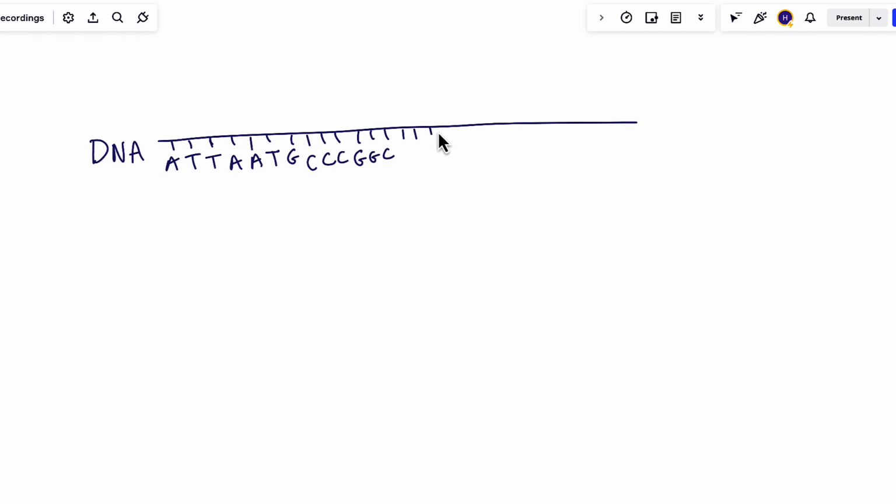Remember, each of these is just a different type of nucleotide, A, T, C, G. They're all attached together in a big long chain. And then there's a lot more in here that I'm not drawing because of time purposes. Okay, and the DNA keeps going on both ends here.